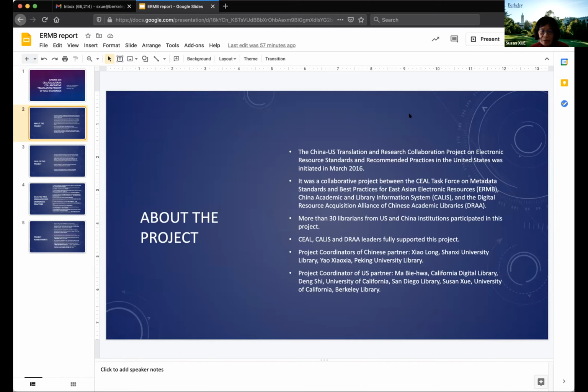That's the CEAL Task Force on Metadata Standards and the Best Practice for East Asian Electronic Resources, the ERM, China Academic and the Library Information System, and the Digital Resource Acquisition Alliance of Chinese Academic Libraries.